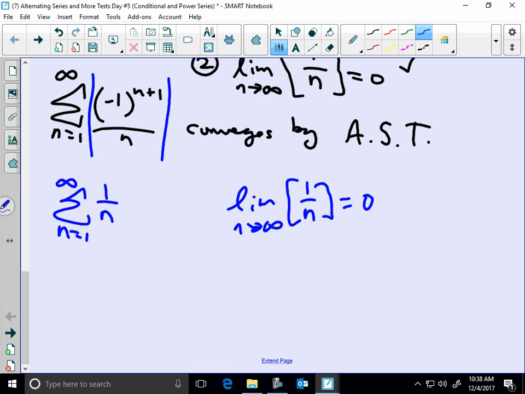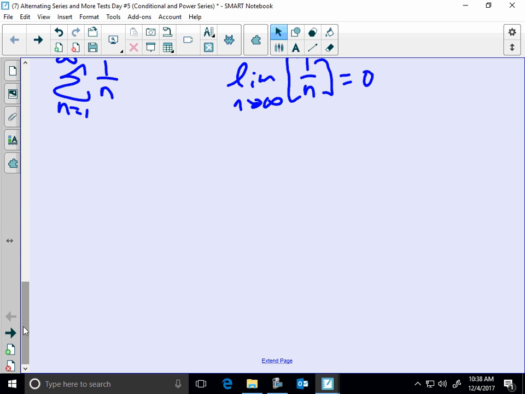You could use the ratio test if you want. We could do the integral test or the ratio test. Ratio test, okay. All right, let's do the ratio test. If the ratio test equals 1, what are we going to do after that? Integral test. So should we just jump to the integral test?